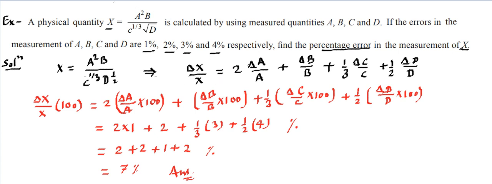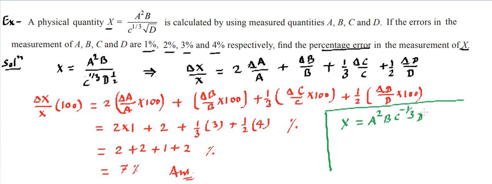If someone had written this expression differently, let's say I'm writing over here, x could also be written as a raised to power 2, b, c raised to power minus 1 by 3, d raised to power minus 1 by 2. Can we write the same expression in this manner? Of course we can write that.